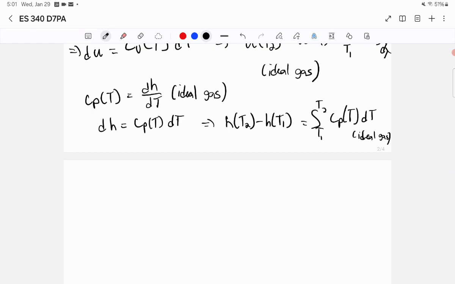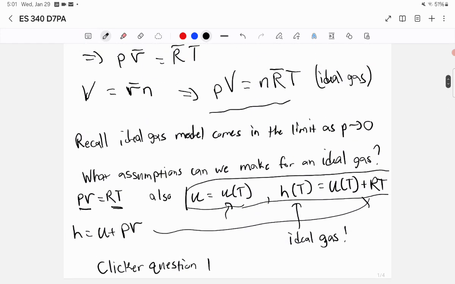Now notice something interesting that comes from up here.